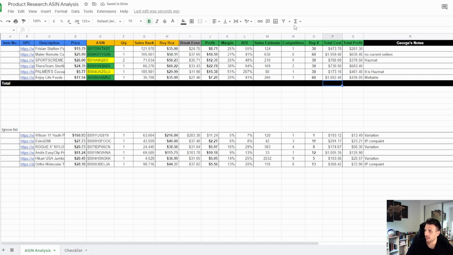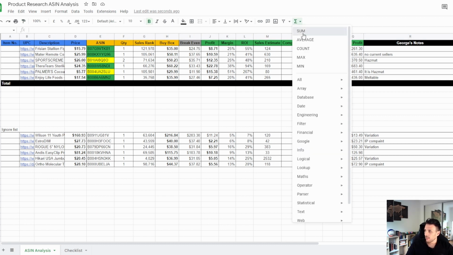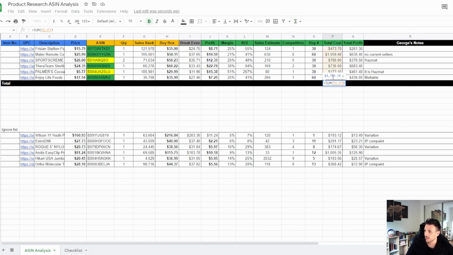So we're going to come here and we're going to say, give me the sum of all these, hit enter there, and give me the sum of all these, and hit enter there. Okay, so this is what, if we're going to order these products, from a day of doing product research, this is what we would come up with.